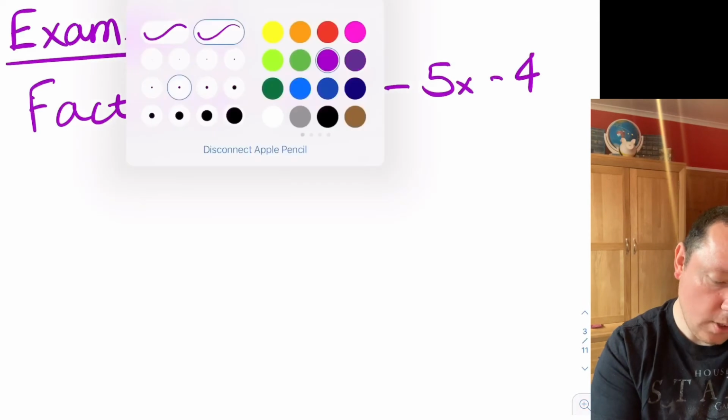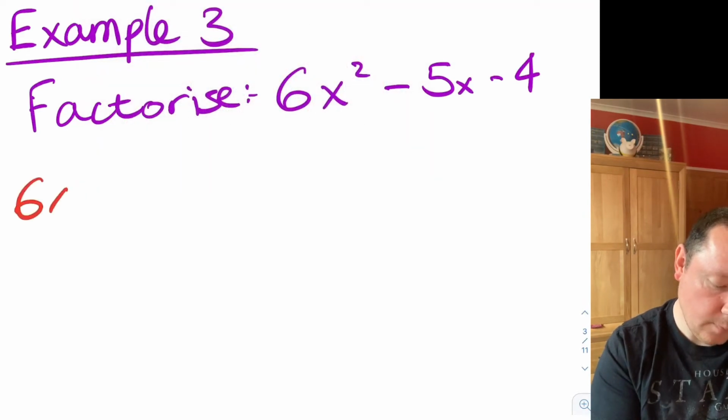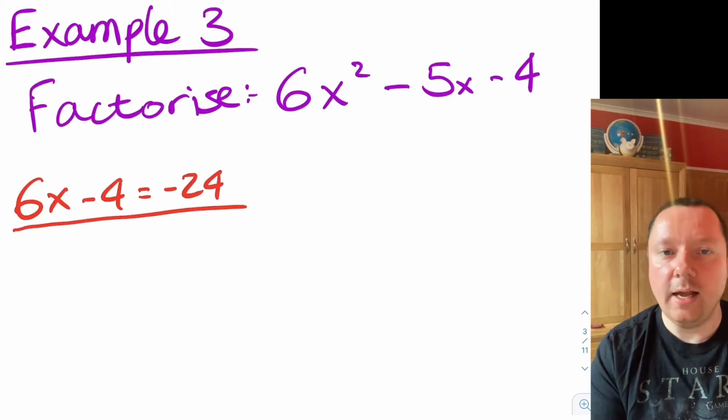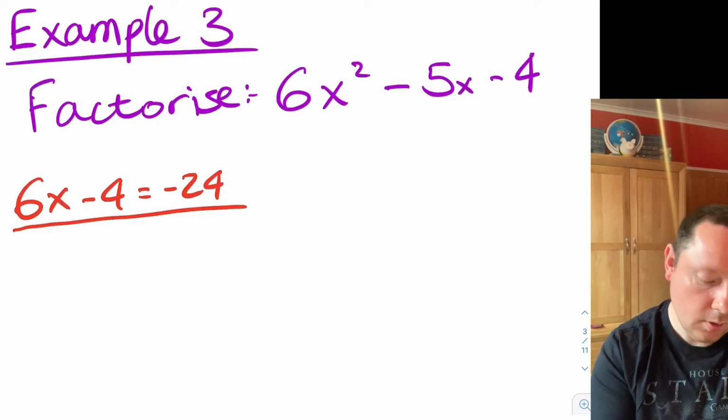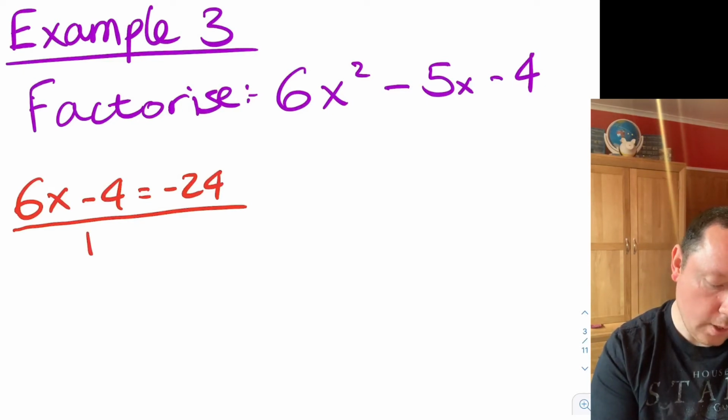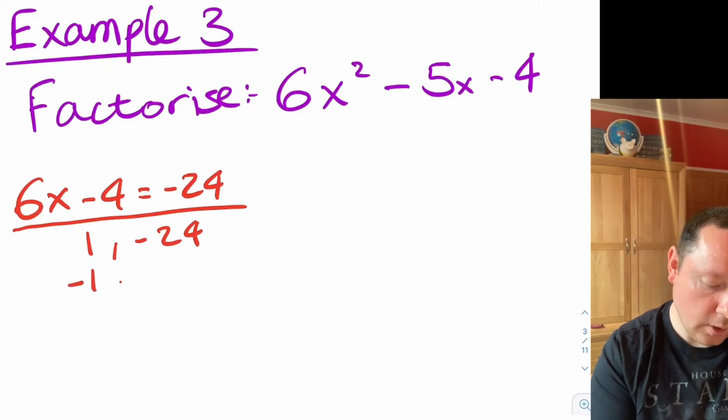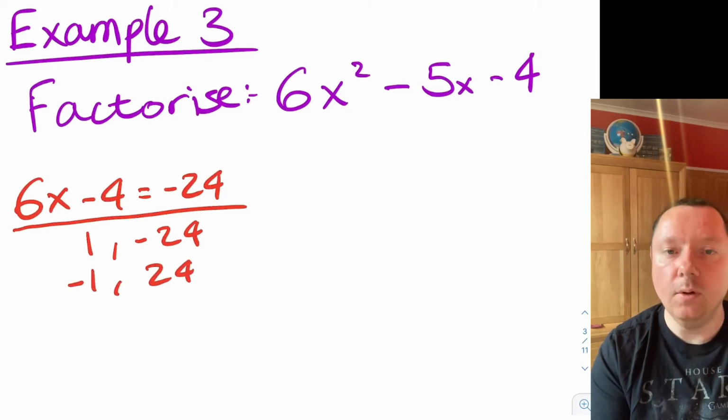So step 1, 6 times minus 4 equals minus 24. I'll now list the pairs of factors of minus 24 in order. So I'll start with 1 always, 1 and minus 24, but now the opposite, minus 1 and 24, because it's a negative number.